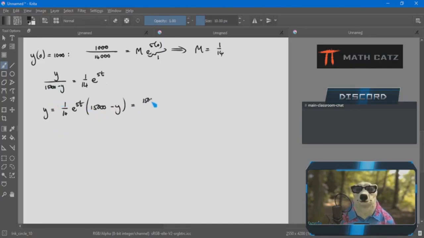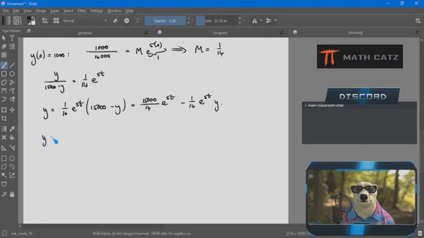So I have 15,000. I'm going to leave it like this. e to the 5t minus 1 over 14 e to the 5t y. And leaving it like this and not simplifying these numbers makes it easier if you ever were to derive this in general.